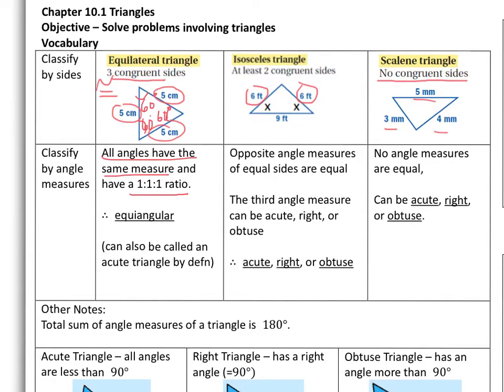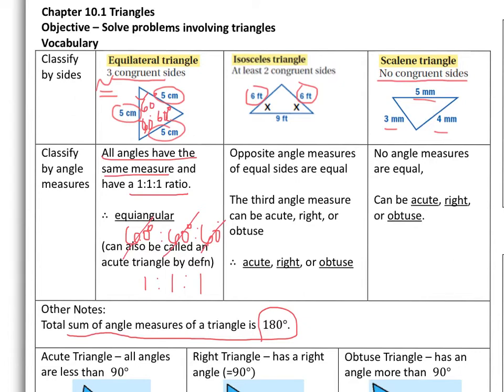Just for your information, the total sum of angle measures of a triangle is 180 degrees. So for an equilateral triangle to be equiangular, each angle has to equal 60 degrees.